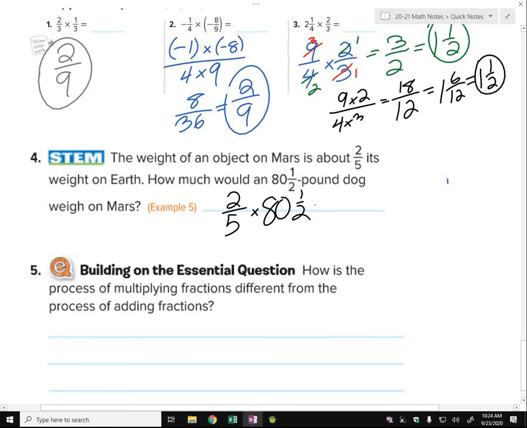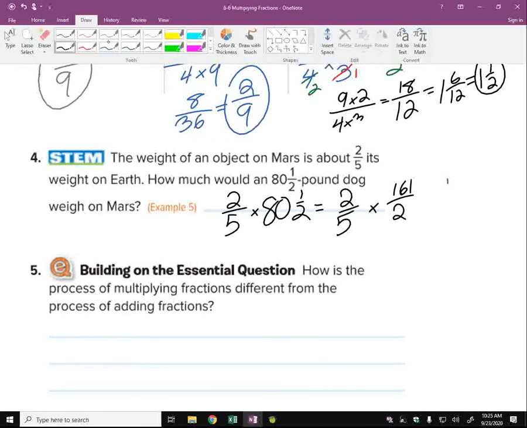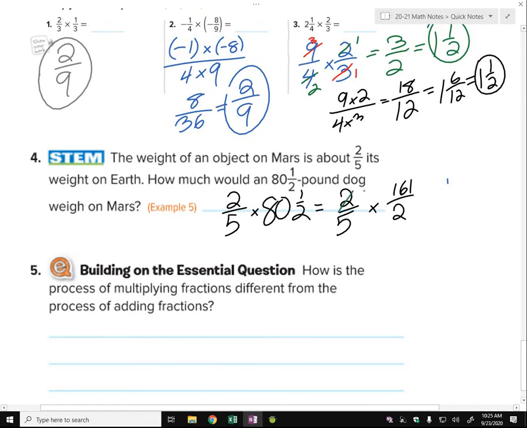I'm going to make this an improper fraction. 2/5 times 80 times 2 plus 1 is 161 halves. I can reduce my 2's. Divided by 2 is 1. Divided by 2 is 1. I have 161 over 5.